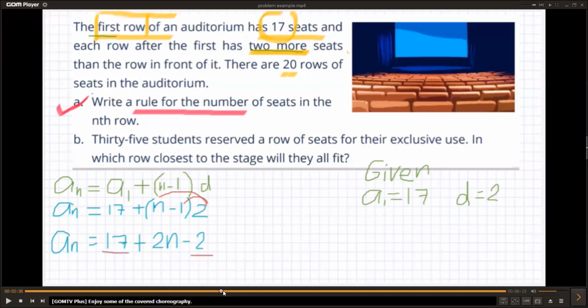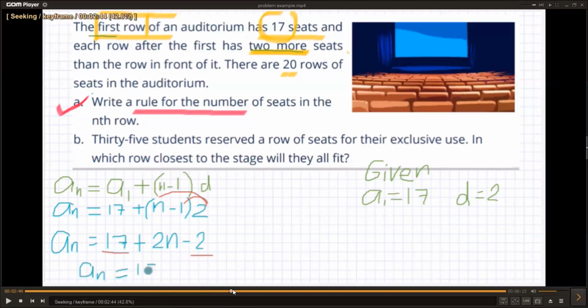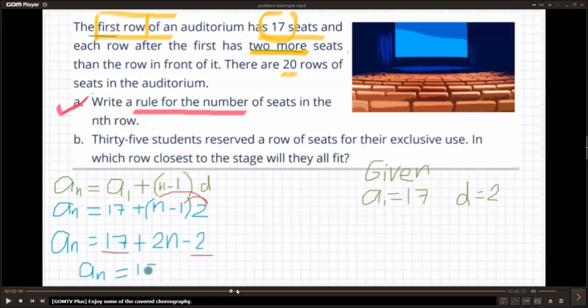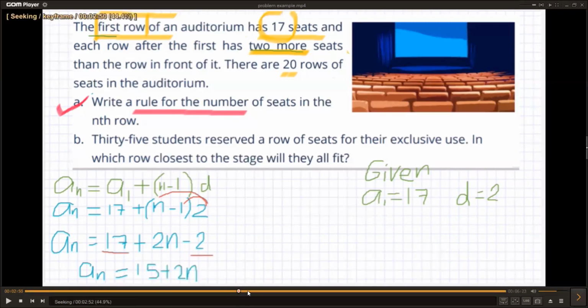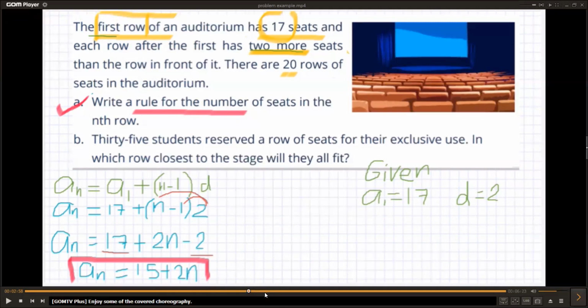We know that 17 and negative 2 are like terms because they are real numbers. So 17 minus 2 is equal to 15, plus 2n. Therefore, we can say that this is the rule for the number of seats in the nth term.